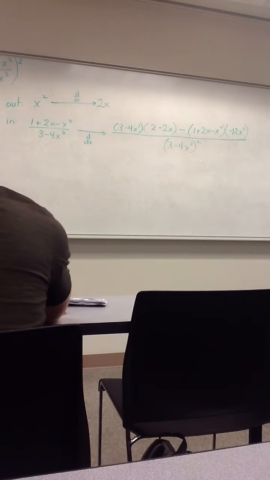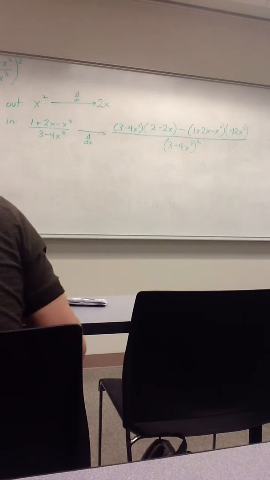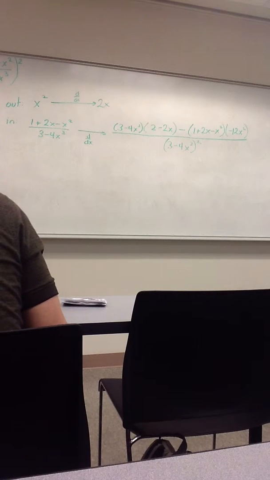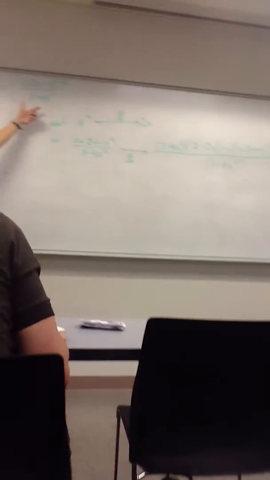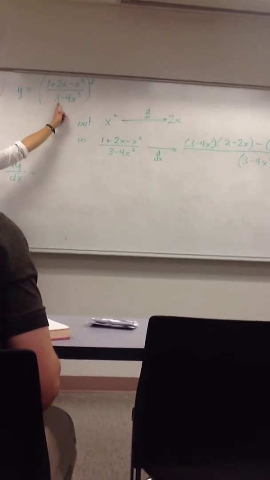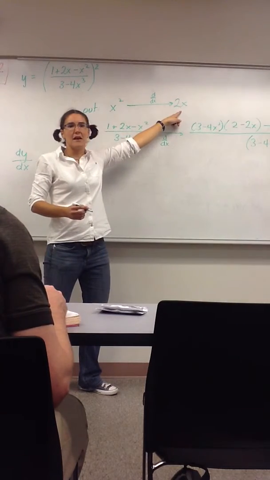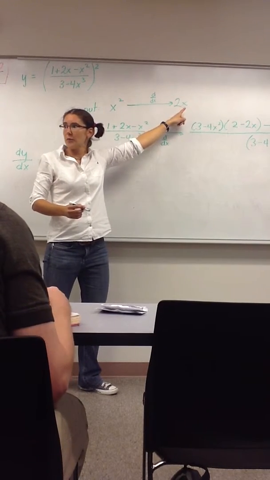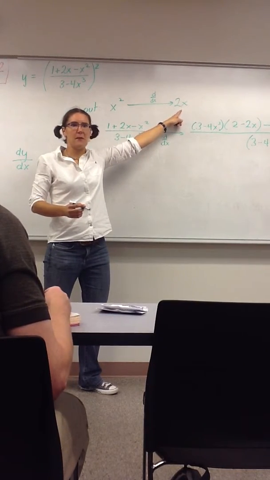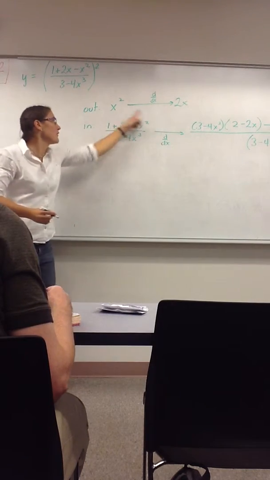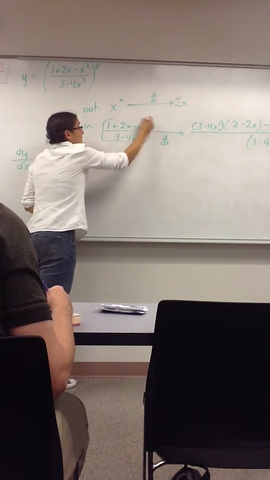Okay, so now that we've done that scratch work off to the side, our y prime or our dy dx, either notation works. Derivative of the outside, keeping the inside the same. So my derivative of my outside is 2x. Everywhere I see an x in my derivative of my outside function, I'm going to replace that with my inside function.